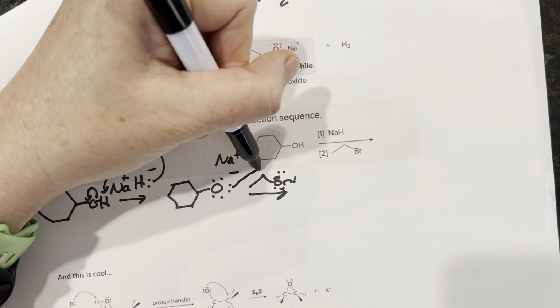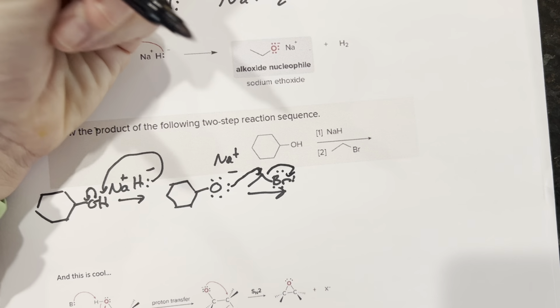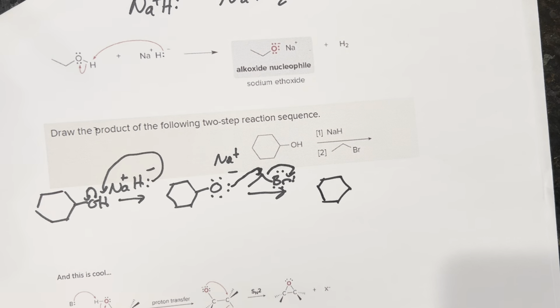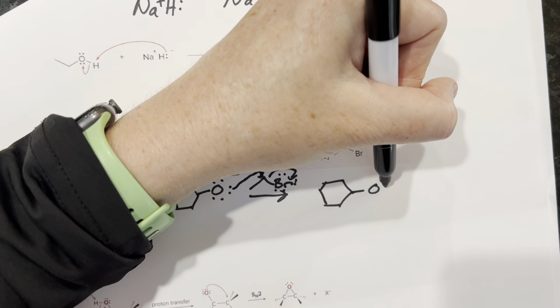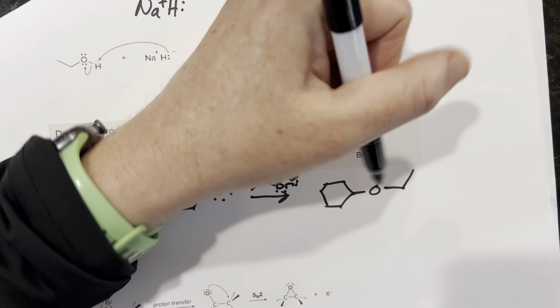And it's going to come in. It's going to attack there. Those electrons are going to go on there. We have an oxygen now, and now these two carbons are going to be attached. So we just made an ether.